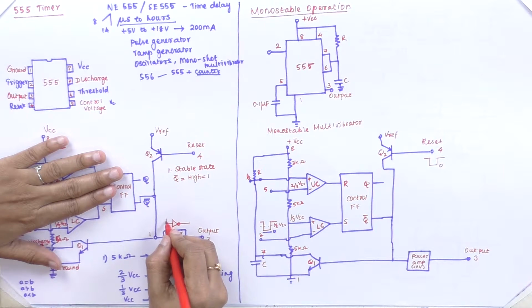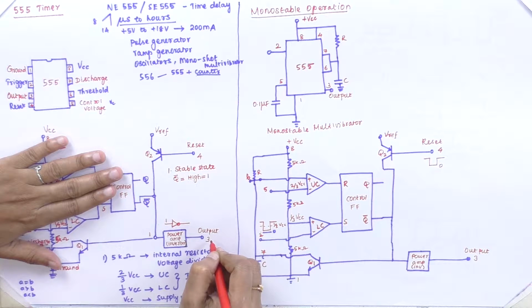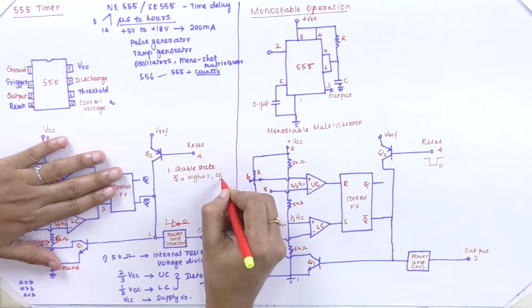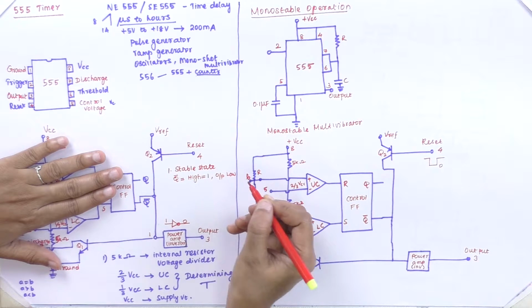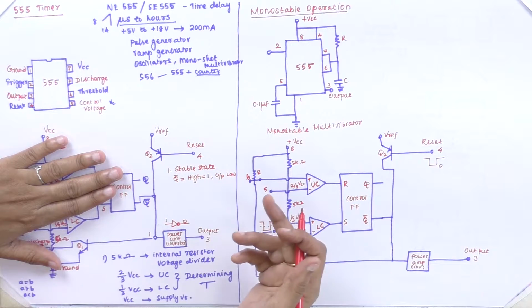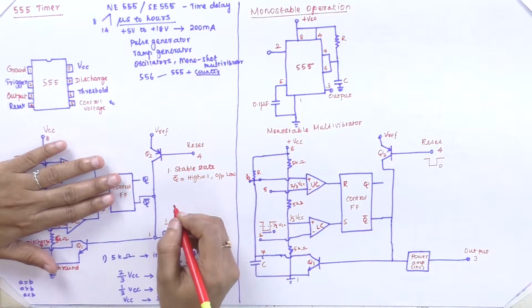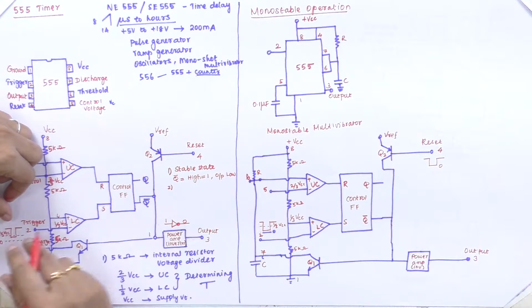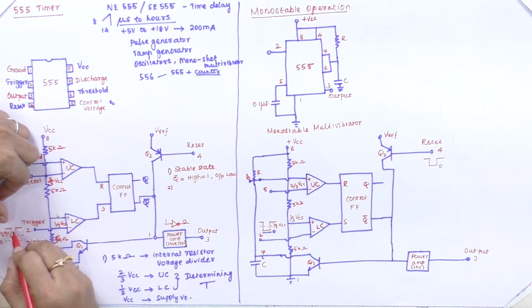When one input is given, you should get an output of 0. That means your output will be in a low condition. It acts as an inverter and produces a low output. In that condition, the second time, we apply a negative trigger pulse to pin 2.